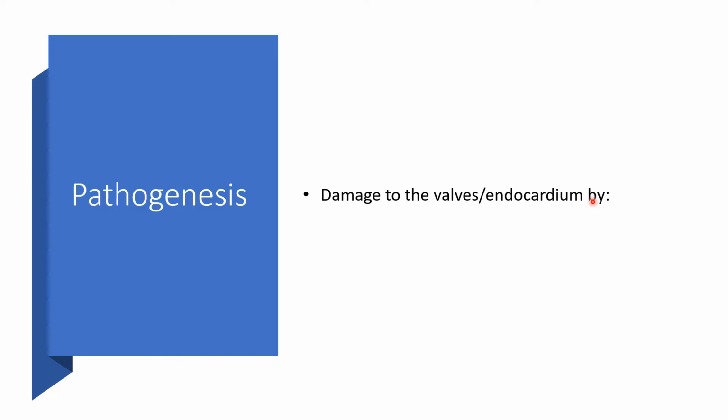Then we'll also find that the native valves could be damaged when there are certain procedures with certain devices, like catheterization and insertion of electrodes. All these could damage the native valves, but there may also be implanted prosthetic devices. Prosthetic valves can be put in place after replacing natural valves that have already been damaged.